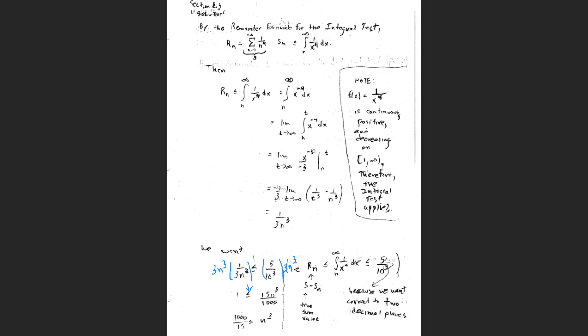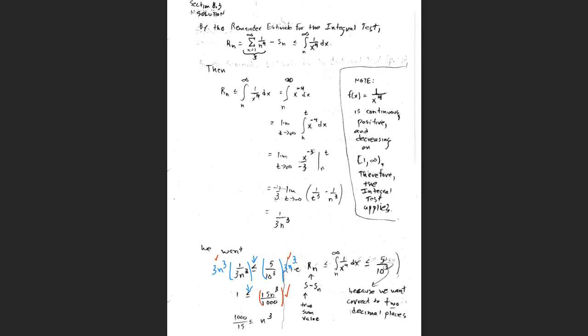Why did the inequality not get changed when we multiplied both sides of the inequality by 3n cubed? Because we don't have a negative number. If we had a negative number, we would. That's right, Clea. Very good. n is going to be some positive integer, right? n is how many terms in the series you are using, so whatever 3n cubed is, it's not going to be negative. You multiply through, you get 1 less than or equal to 15n cubed over 1,000.